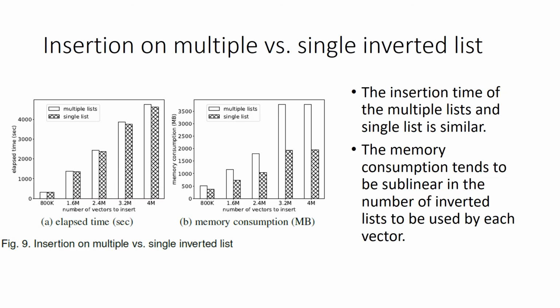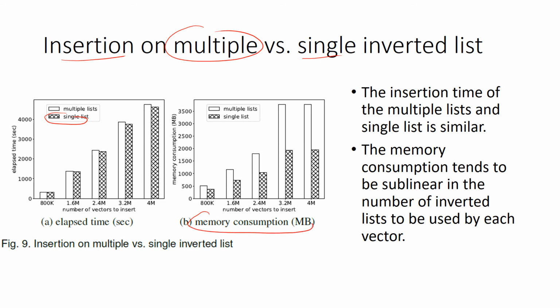We also study the impact on insertions of storing one vector in multiple inverted lists or a single inverted list. As we can see, storing a vector in a single inverted list is slightly more efficient compared to multiple lists.